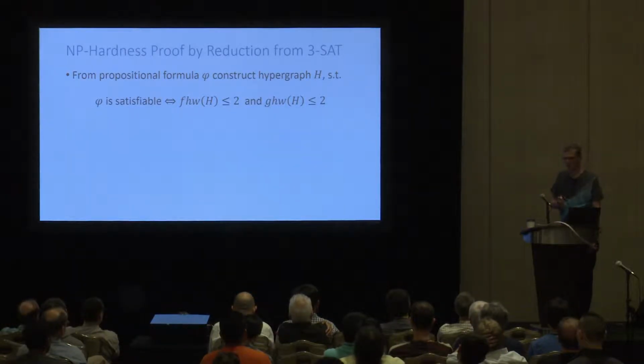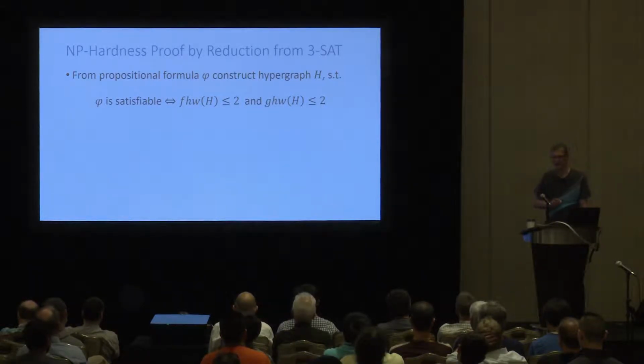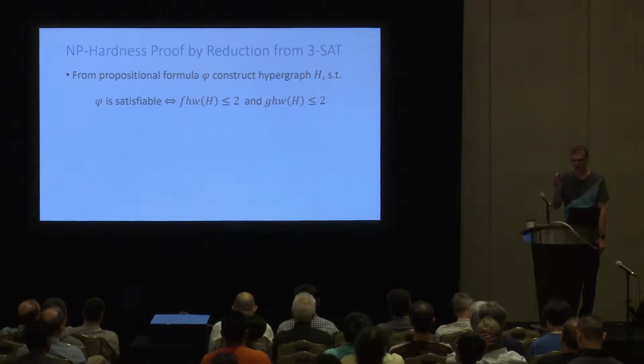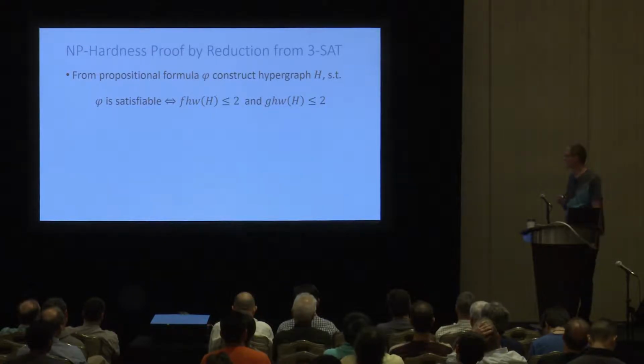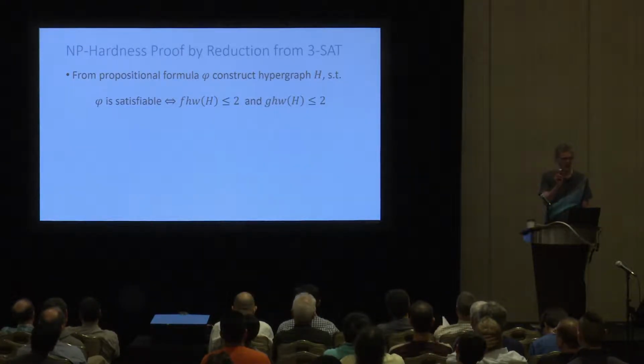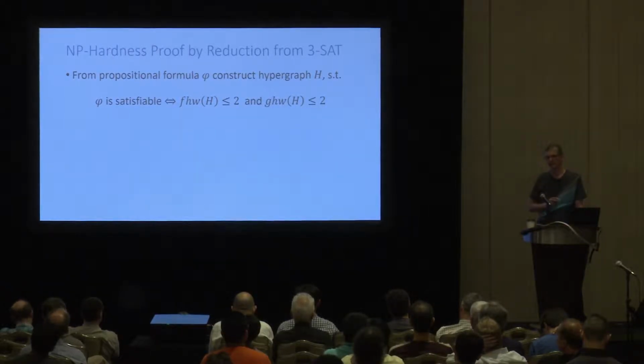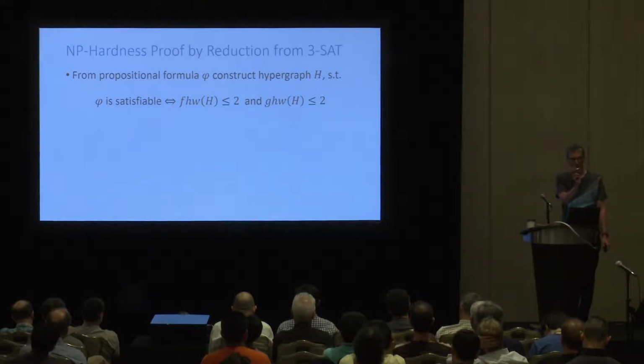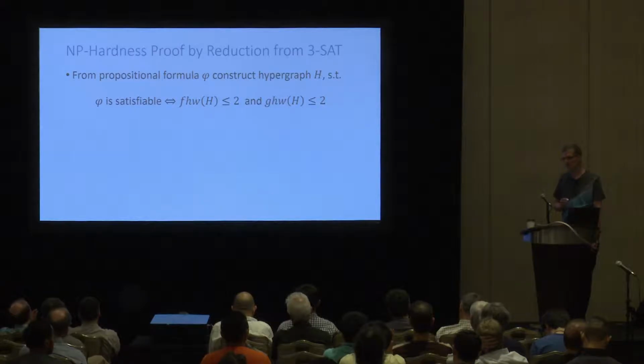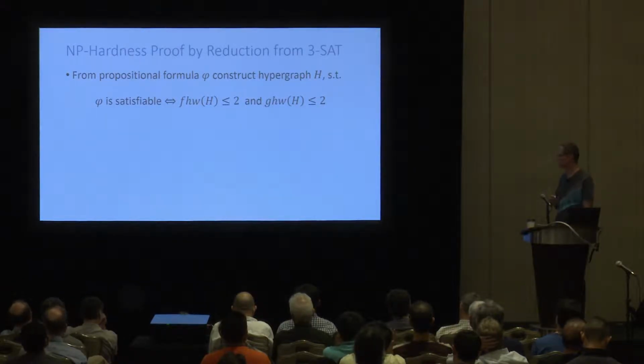I'm not going to show you details of this proof, but I would like to highlight some key ideas. Above all, it's a proof by reduction from 3SAT. We are given a propositional formula phi, and from this we construct a hypergraph H in such a way that the formula phi is satisfiable if and only if these two notions of width are less than or equal to 2.